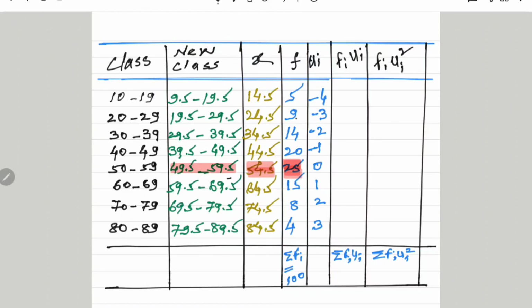Then we find out ui. What is the formula for ui? xi minus a upon h. I will write it down here: xi minus a divided by h. Assume a as 54.5.